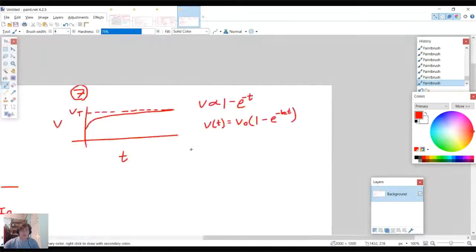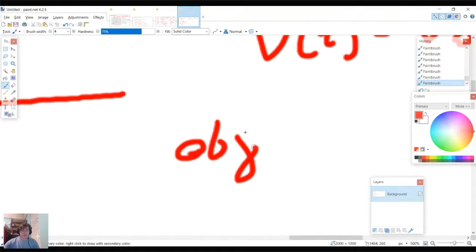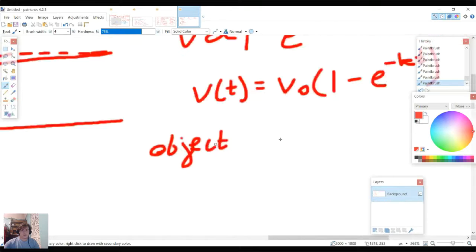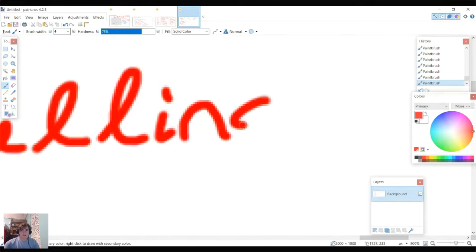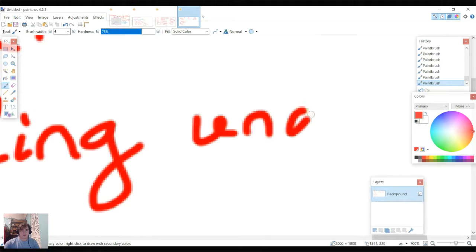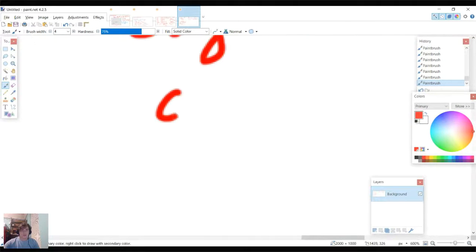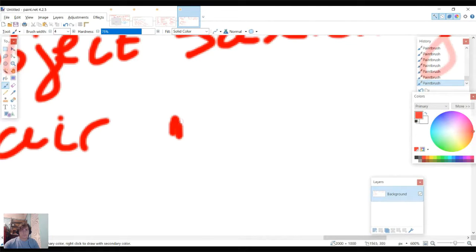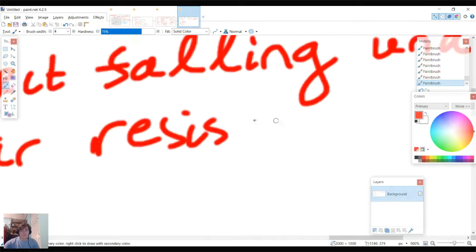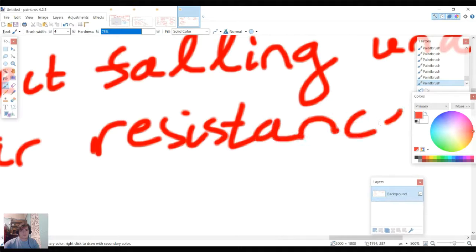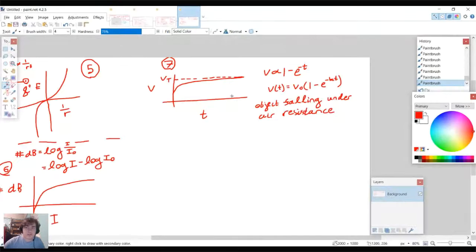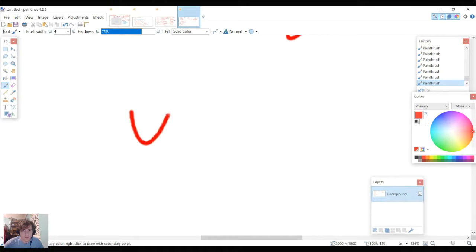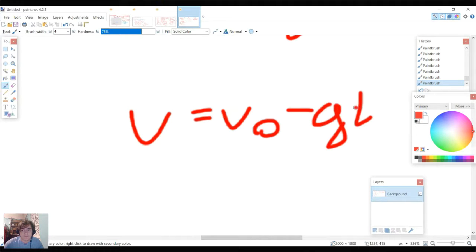So this would be an object falling under air resistance. And there's a reason why you can just take the normal equation without air resistance, which would be V equals V0 minus gt.